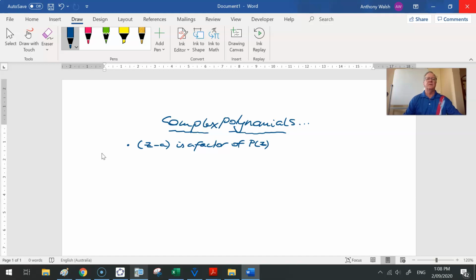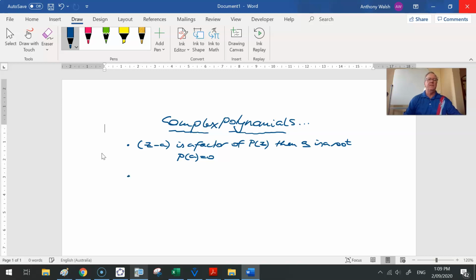So z minus a is a factor. Then we know that a is a root. What does that mean? Well, that means if you put the value of a into the polynomial, it will equal 0. Now that has to do with the remainder theorem, which I'll talk about soon.